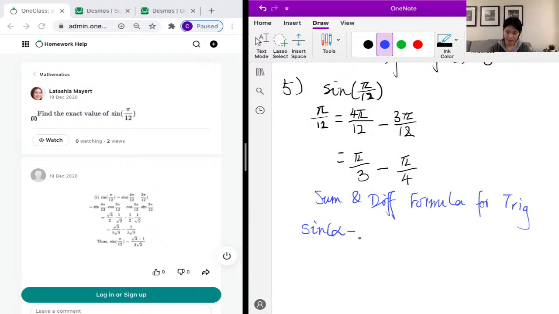By the sum and difference formula, the sine of A minus B, where A is an angle and B is also an angle, is equal to sine of A cos of B minus cos of A sine of B.